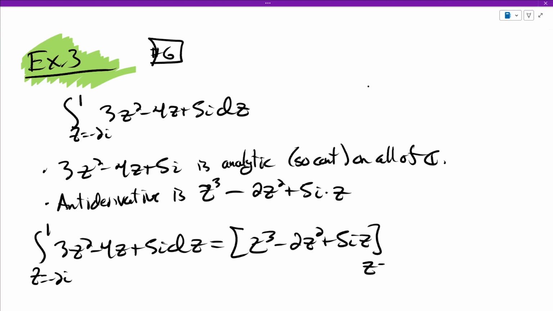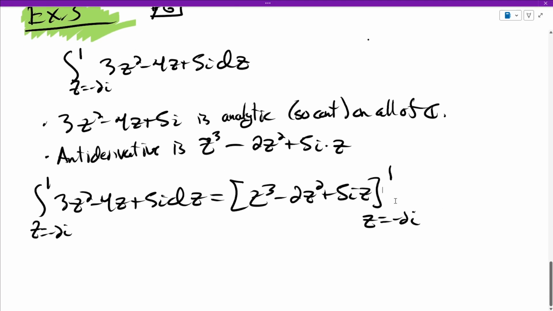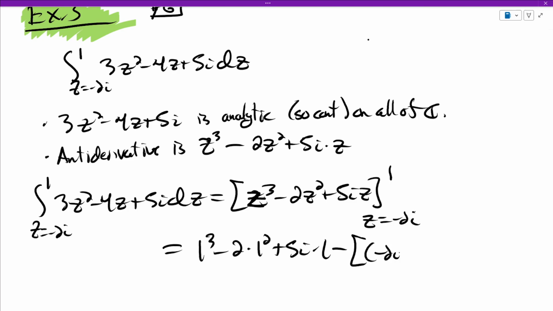Now, at this point, we all know how to do complex arithmetic, so I'm not going to evaluate that for us. But you plug in 1. Well, okay, I'll write out one step. We'll plug in 1, and we're going to subtract off plugging in negative 2i.